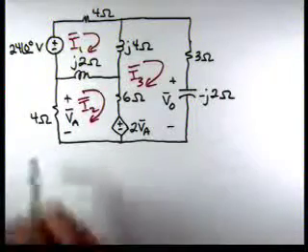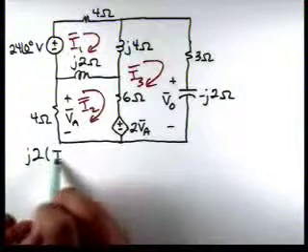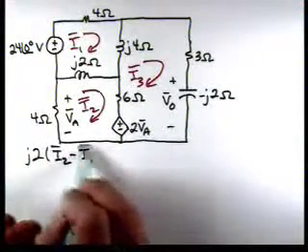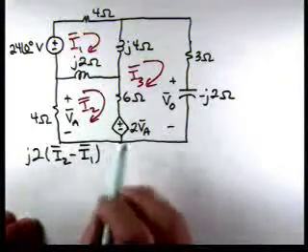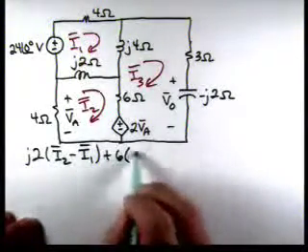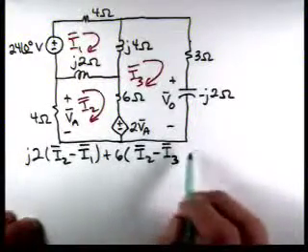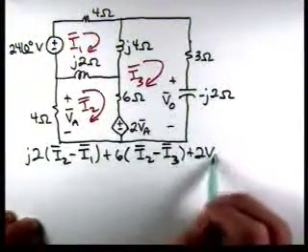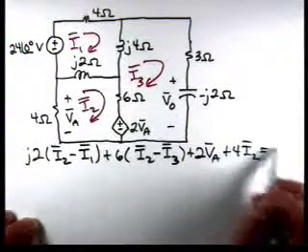Okay, so for this mesh, we've got J2 times (I2 minus I1) plus 6 times (I2 minus I3) plus 2 VA plus 4 I2 equal to 0.